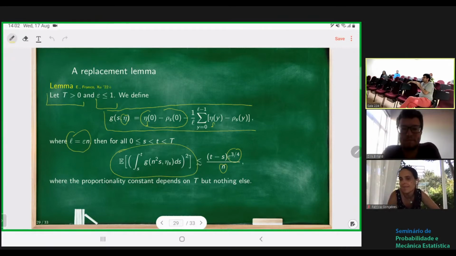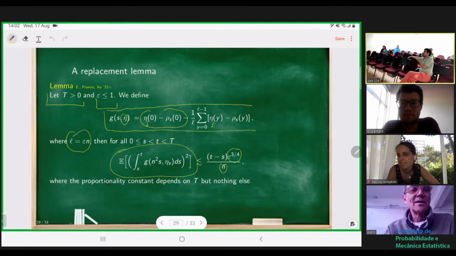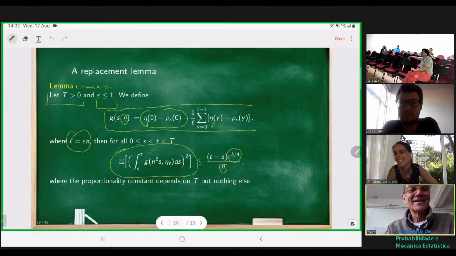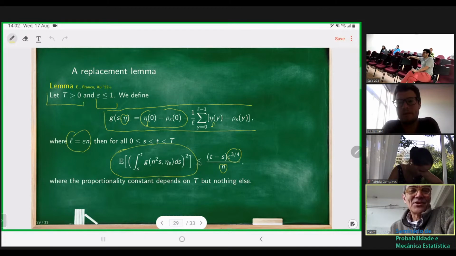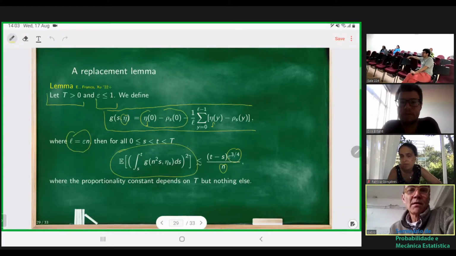Okay, so Pablo here. Very nice talk. I like that identity between the current and this density. I was wondering about the non-nearest neighbor case, because here you're using nearest neighbor, right?